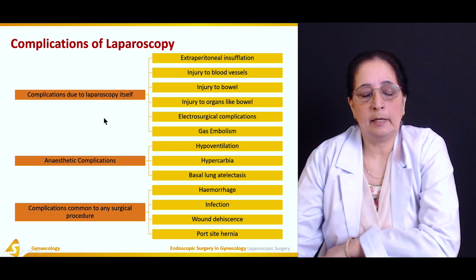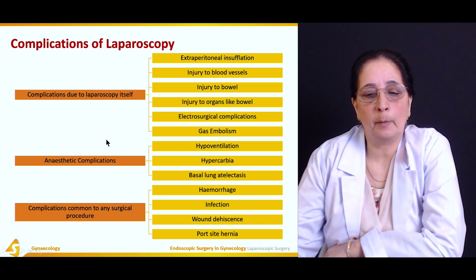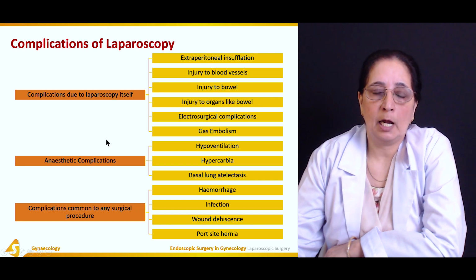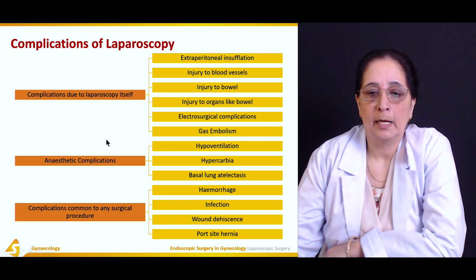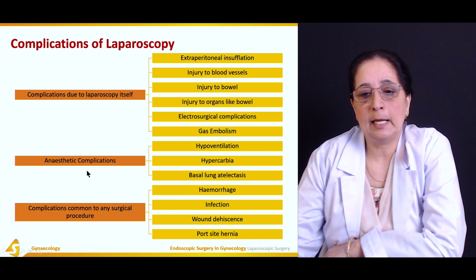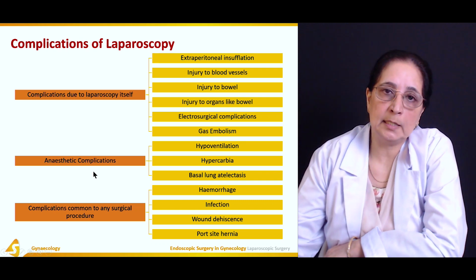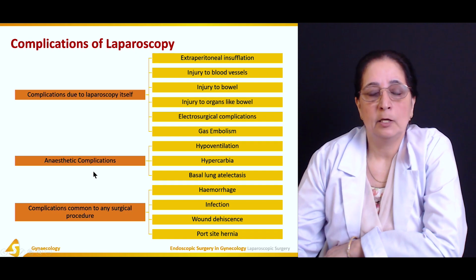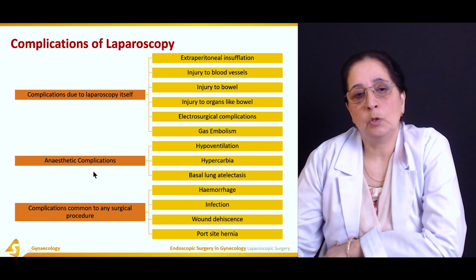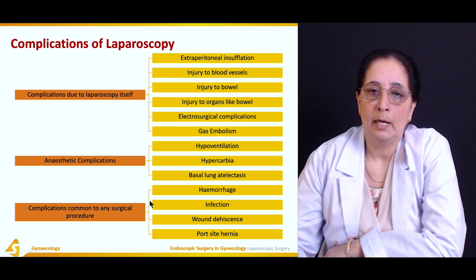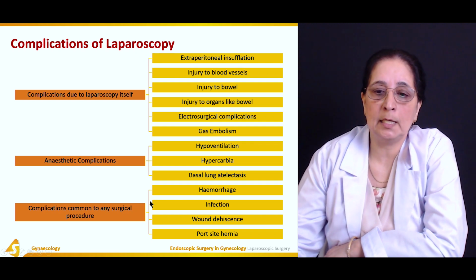Besides that, anesthesia can lead to complications like hypoventilation. Hypoventilation is decreased respiration or decreased breathing, which can lead to hypercarbia. Hypercarbia is an increased level of carbon dioxide. When breathing is less, we cannot exhale carbon dioxide very well, so carbon dioxide increases in the blood.